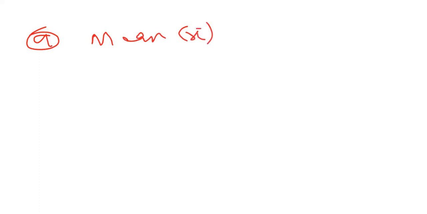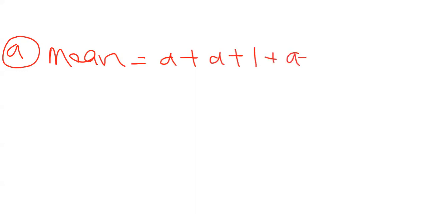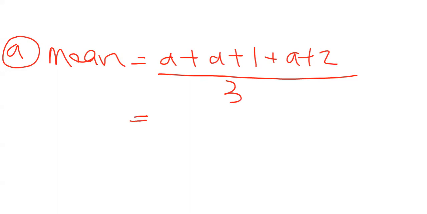x bar will be equal to A plus A plus 1 plus A plus 2, all over 3, because the number of variables there is 3.